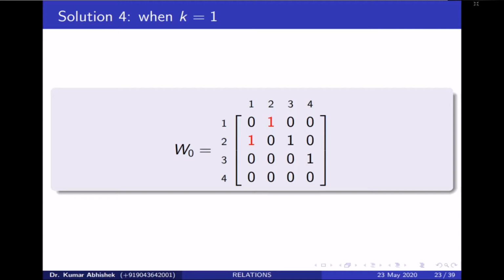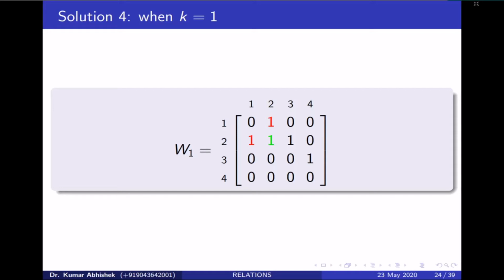So we expect a non-zero entry at the intersection of the second row and the second column in W1. Since the intersection of the second row and the second column in W0 is 0, for W1 we replace it by 1. Now we get the matrix W1.